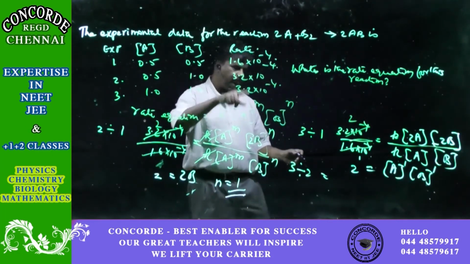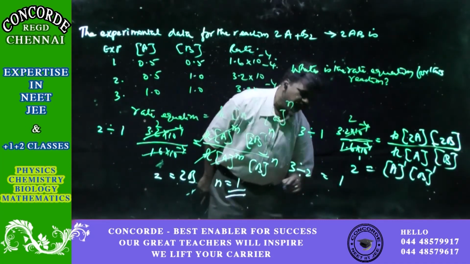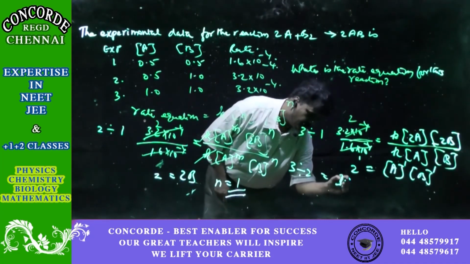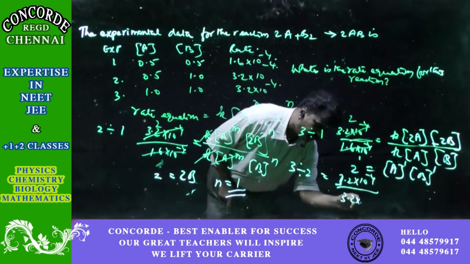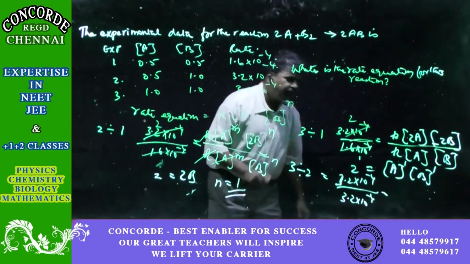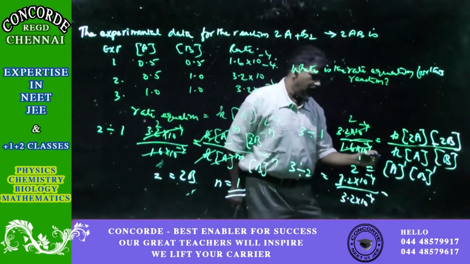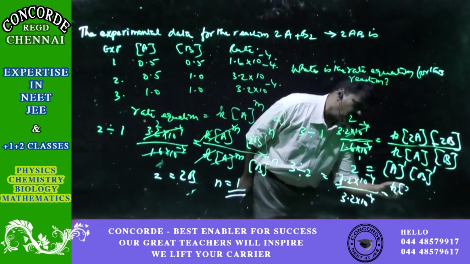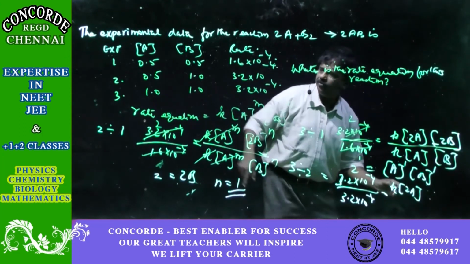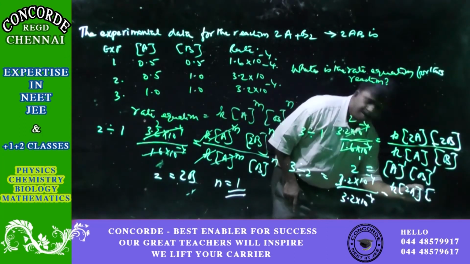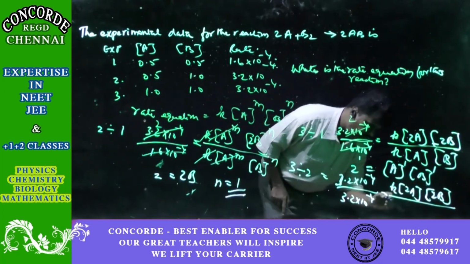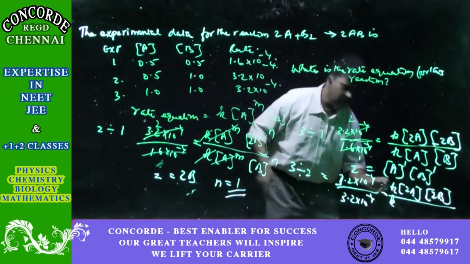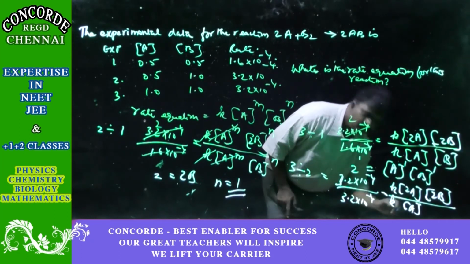So 3.2 divided by 3.2 into 10 power minus 4 is equal to K into 2A into 2B by K into A into 2B.